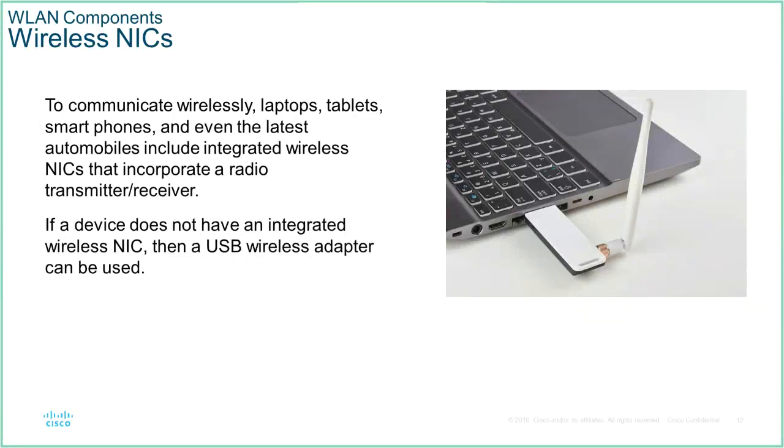So we still need a network card that provides that layer 1 and up connectivity. So it's the interface between the physical and the software, just as every other network card is, but this time the media is radio waves.